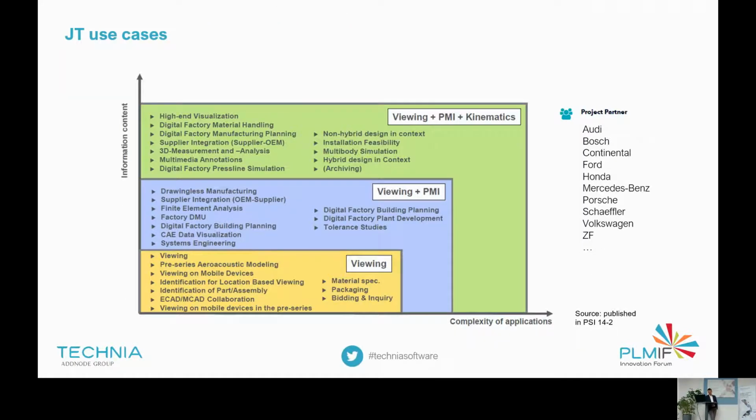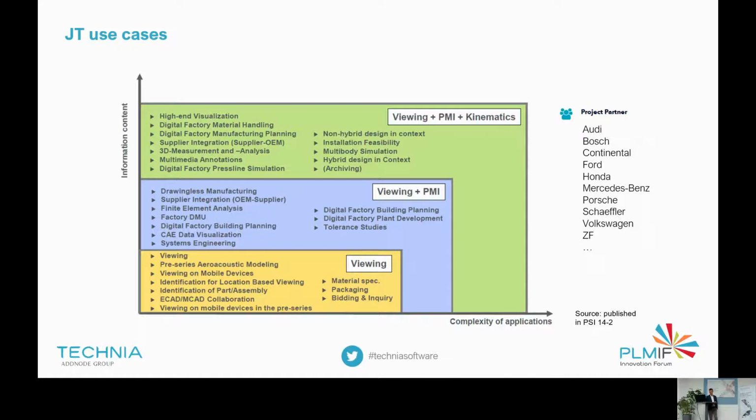The JT Workflow Forum with the project partners of the industry has defined 30 use cases for JT. The use cases around viewing, like viewing on mobile devices, or using JT for collaboration and packaging up to bidding or inquiry processes.